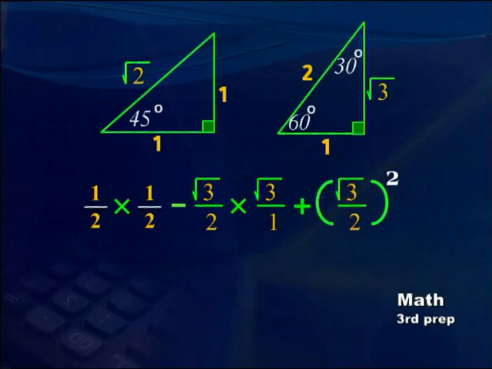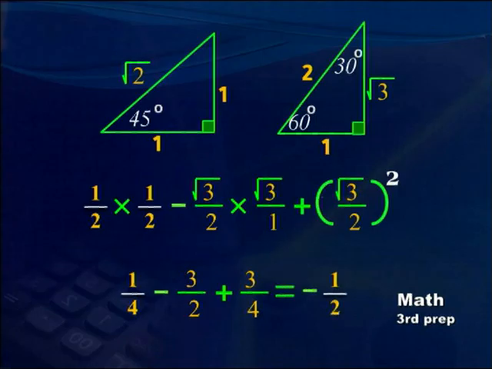Then half multiplied by half gives a quarter, minus √3 times √3 gives 3 over 2 multiplied by 1 equals 2, plus √3 power 2 gives 3, 2 power 2 gives 4, so it is plus 3/4. Finally we obtain a result of negative half.